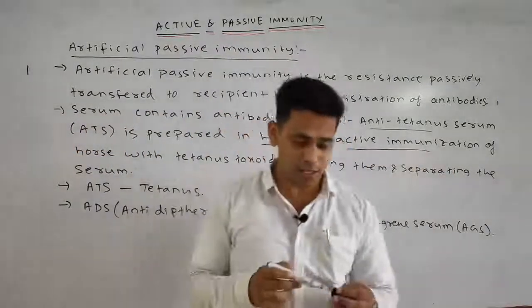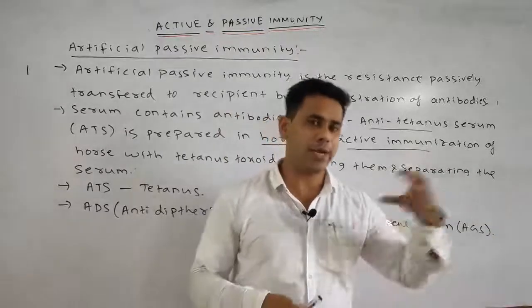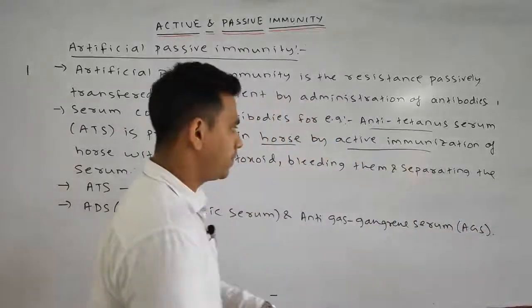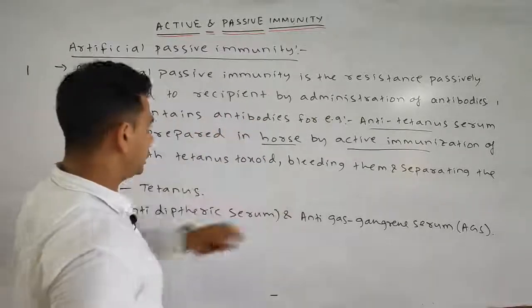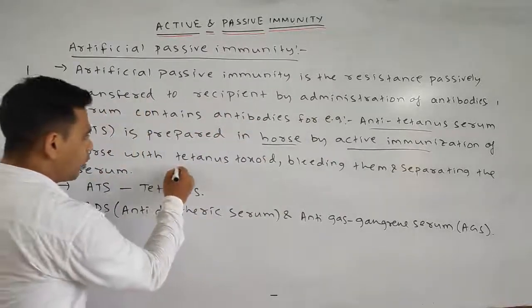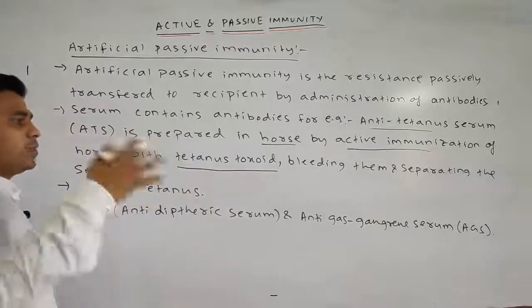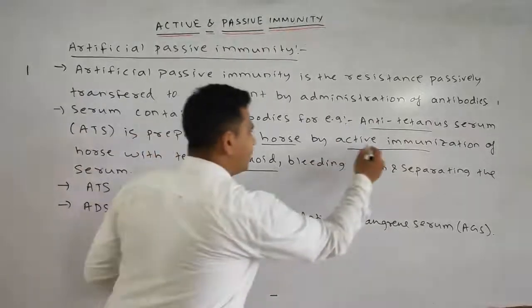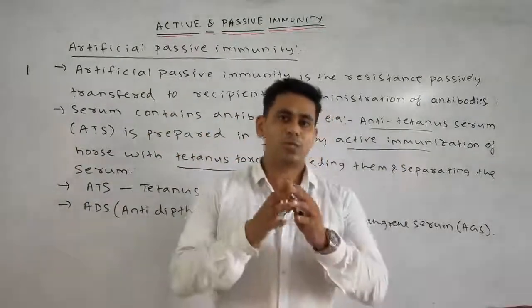As I said earlier, when any antigen is introduced into an animal such as a horse, and the horse is exposed to the tetanus toxoid, it will develop the antibody, the anti-tetanus serum, by active immunization. What does active immunization mean? It means it is quite natural.